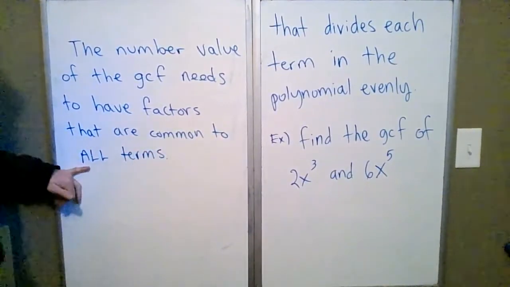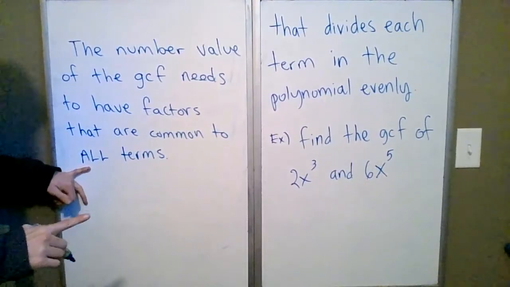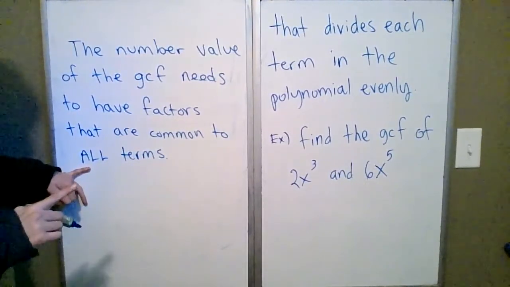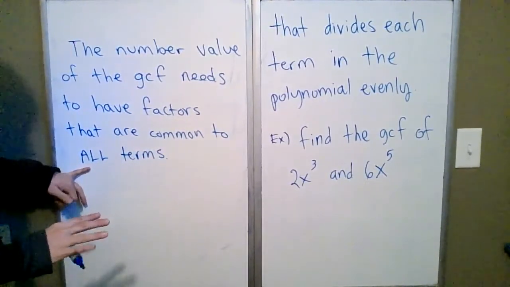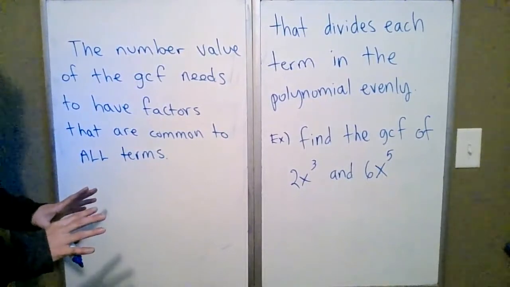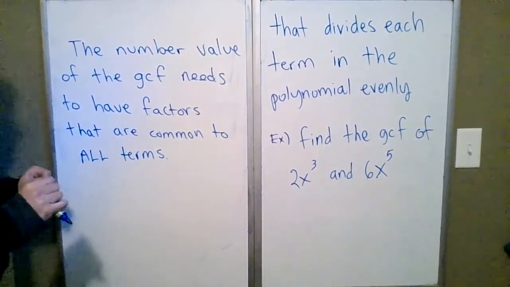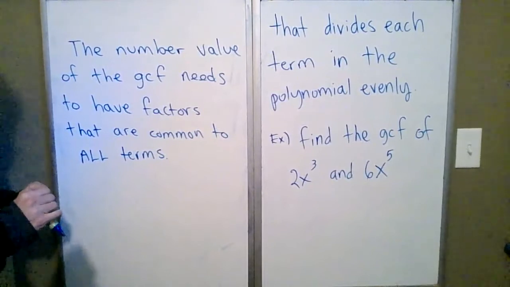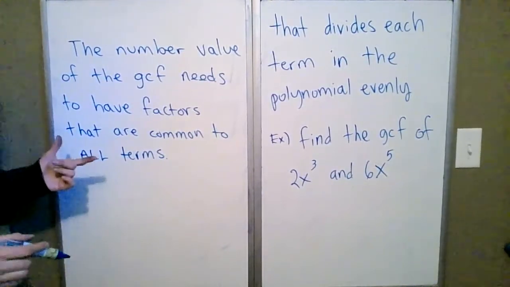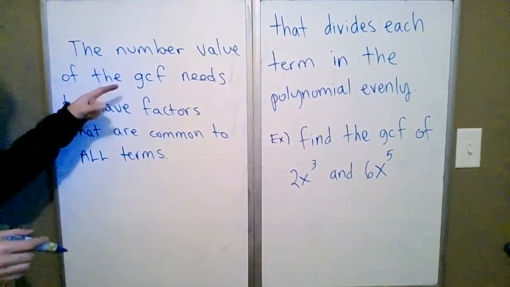When we did least common multiple, we would factor everything and take the most of a factor. This is different. This time you would take the least of a factor, or if you have a missing factor, don't even use that in your GCF.